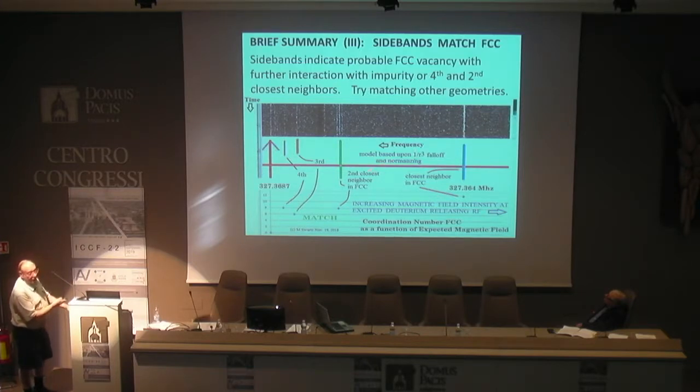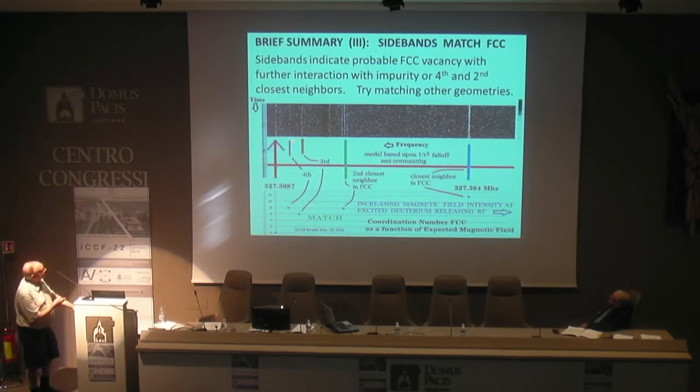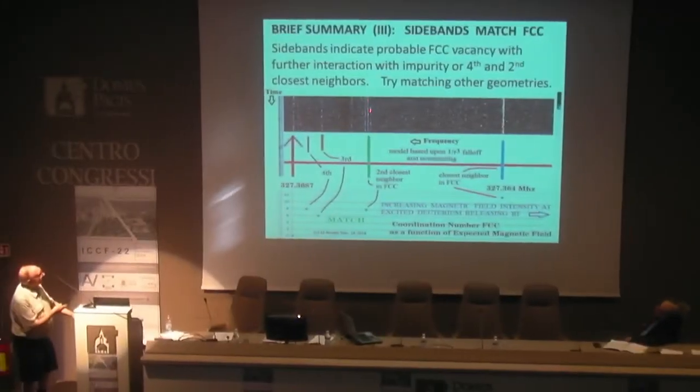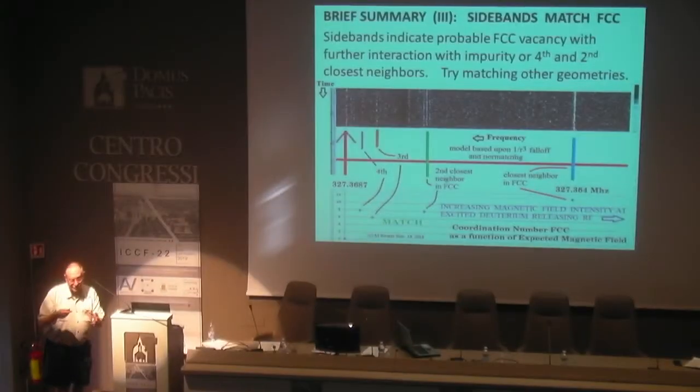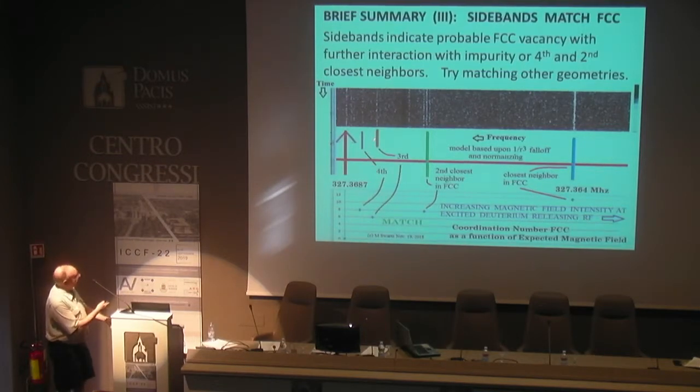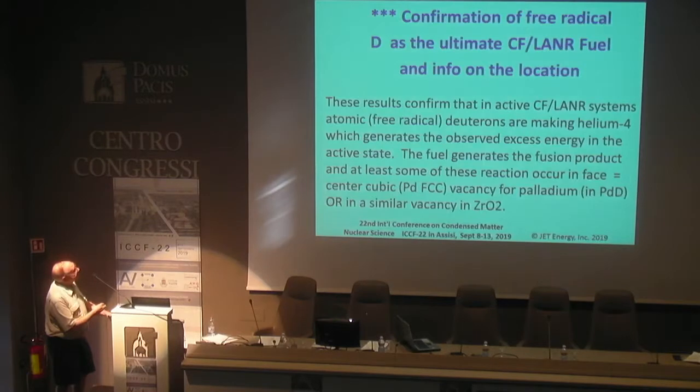When we take our model based on resonance broadening, which goes as a 1 over r cubed falloff, we see that there's a very close match for these lines for the second, third, and fourth positions, although something strange has appeared at the second position, which is either an interaction with a ferro or paramagnetic material or some interaction with one of these other sites.